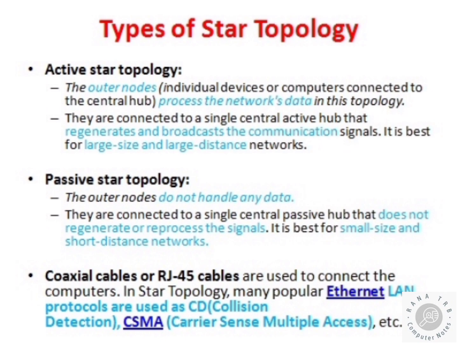But in passive, they do not handle any data transmission, so they do not regenerate or repeat the signals, so they can be used in small size or short distance networks. For the connection between the host and the hub, they use coaxial cable or RJ45 cables. The popularly used Ethernet LAN protocols are CSMA/CD and CSMA/CA, collision detection and carrier sense multiple access.